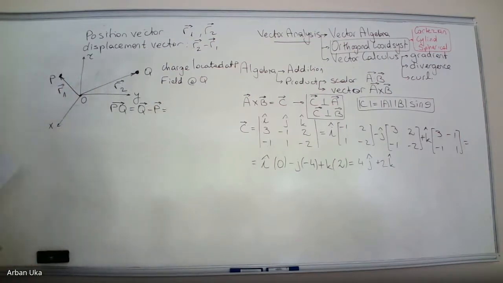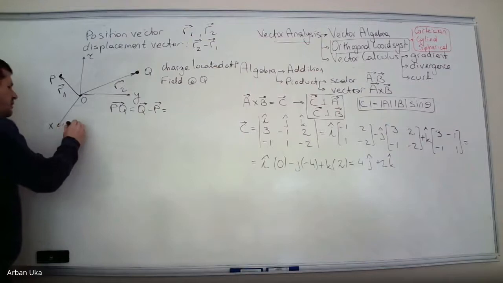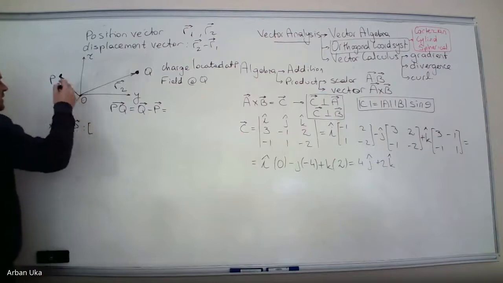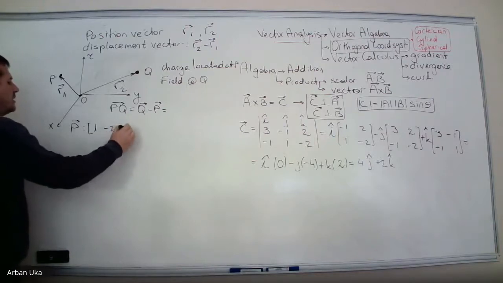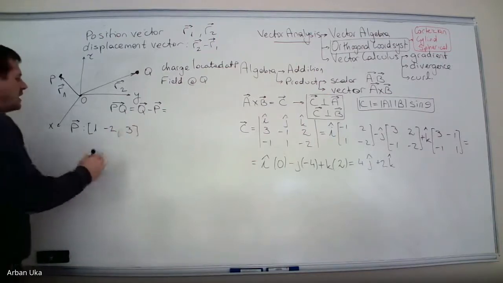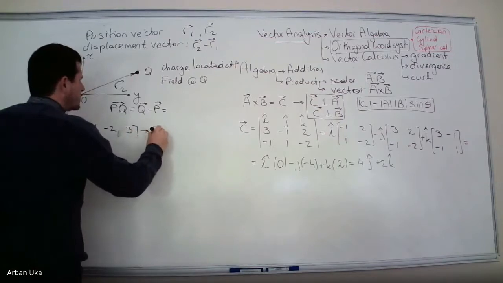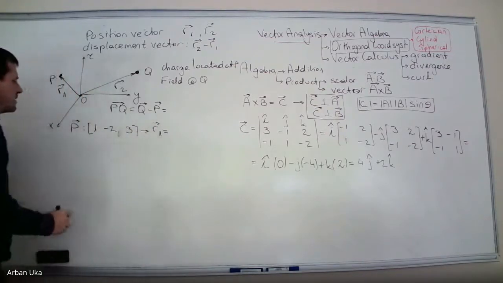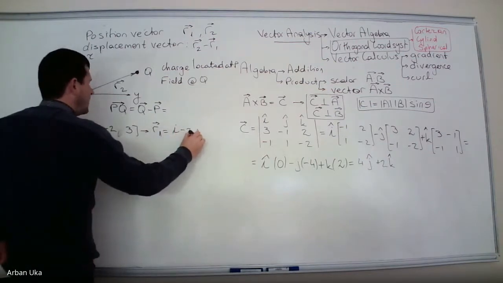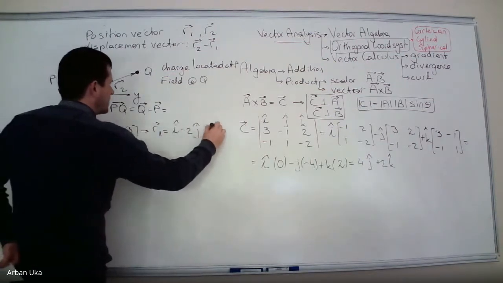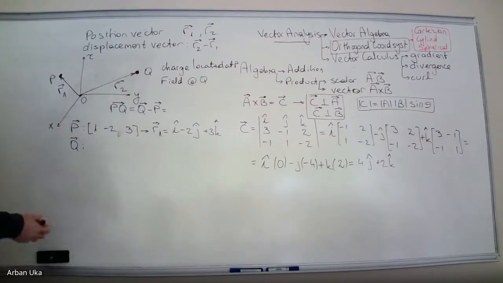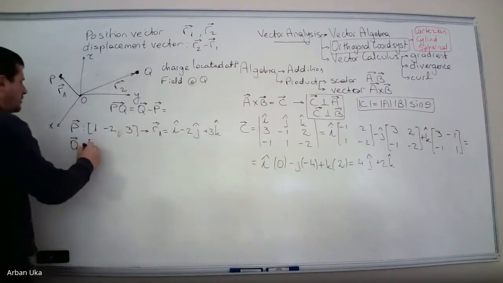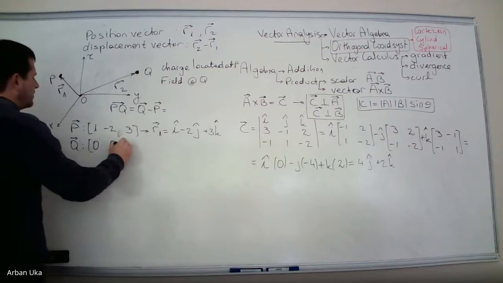Which means that, let's assume for a moment that the point P can be located at the coordinates, let's say 1, minus 2, 3. Okay, this is point P. And how can this be represented? This can be represented as R1 is equal to i minus 2j plus 3k. Now, point Q, where we want to conduct the measurement, we can say that this is at 0, 5, 2.